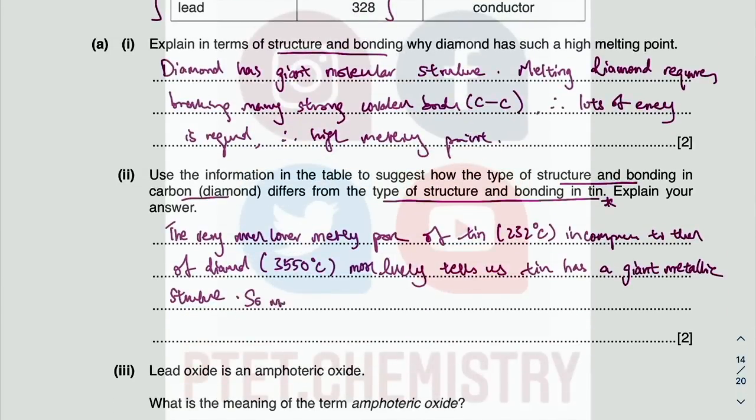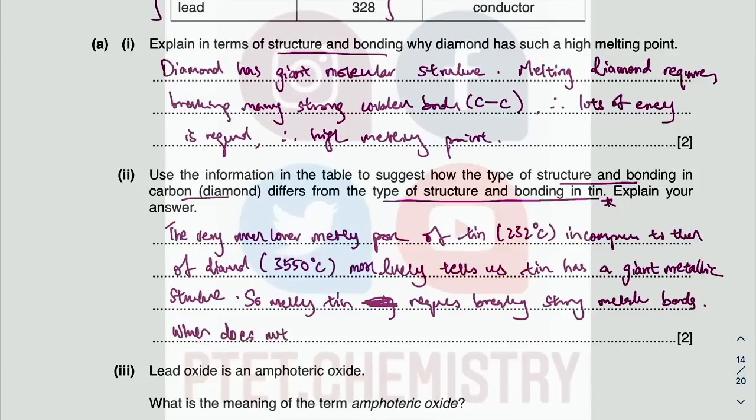So melting tin only requires breaking strong metallic bonds, which you saw in an earlier part of the question, is about breaking the electrostatic force of attraction between the cations and the sea of delocalized valence electrons, which does not require as much energy as breaking covalent bonds. Okay, hence you have lower melting point. All right.